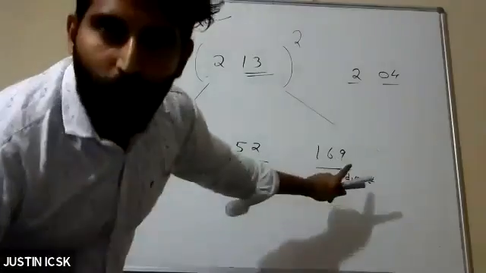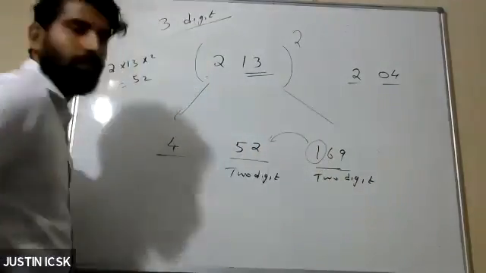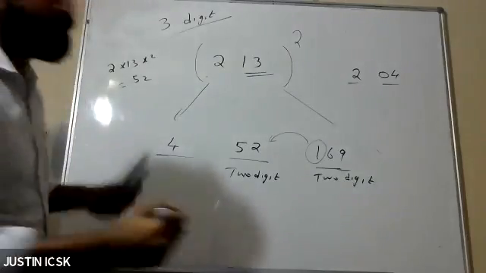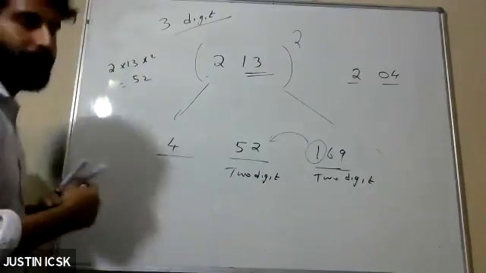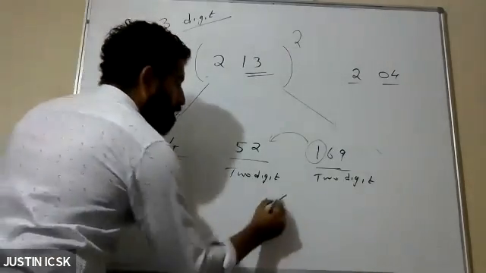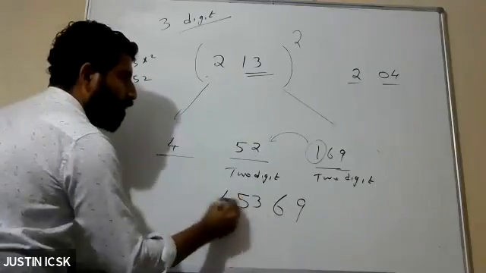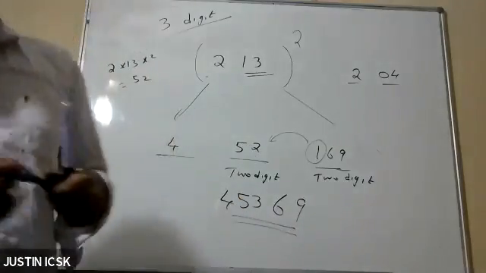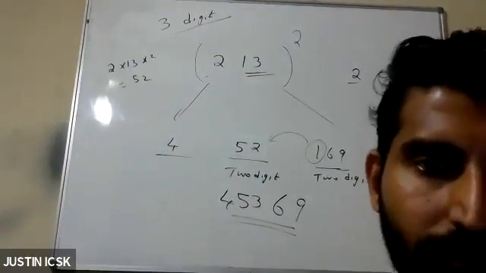I told you only 2 digits, so the third digit carries. So your answer should be 45369, carrying here. Okay, so carry the third digit, then it's easy.